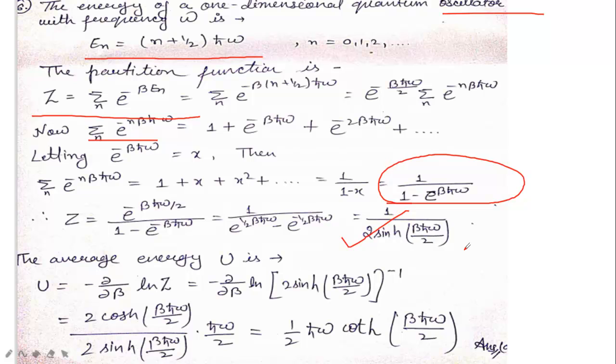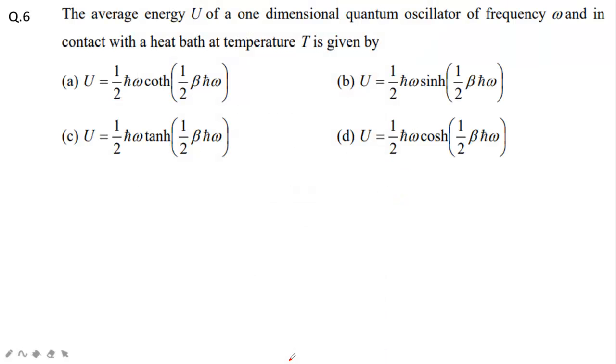So you should always remember this partition function, and then it is easy to solve ahead. Internal energy U will be minus del over del beta ln Z. Just put the value of Z and solve it, and you will get the answer, which will be U equals half h cut omega coth of beta h cut omega by 2. So the correct answer will be option number A.